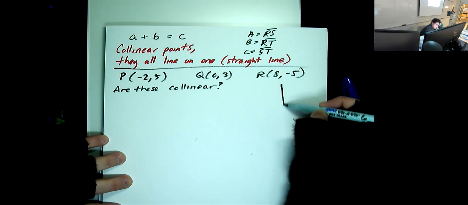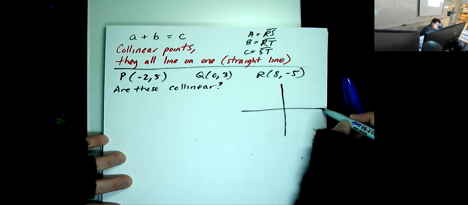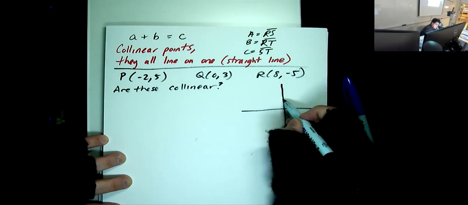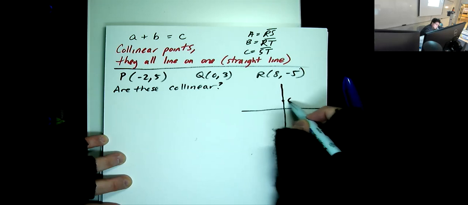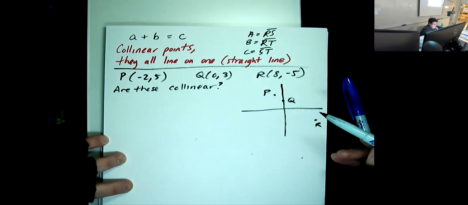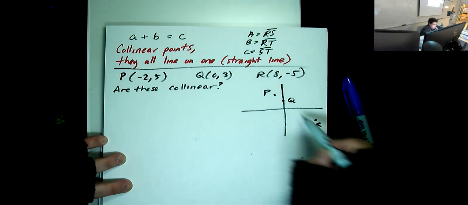I'm gonna plot them. Let's see, 8, -5 would be over here, that would be R. 0.3 is up here, that's Q. -2.5 is somewhere up there, it's P. I didn't put them to scale, I just arranged where they are.